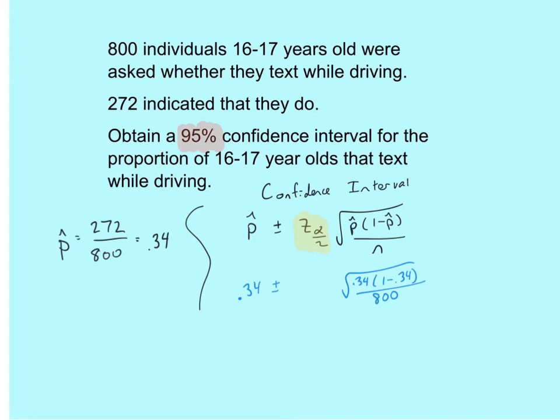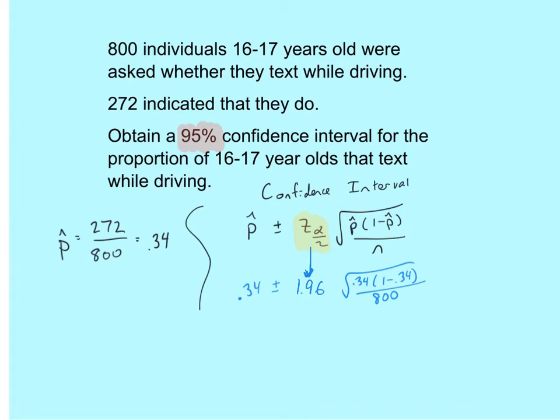In this case, a 95% confidence level corresponds to a z-score of 1.96. If it was 90%, we'd use that from the bottom of table 5. If it was 99%, we'd look that one up. If it's some more obscure percent, I'll have an example in a little bit where we find that.